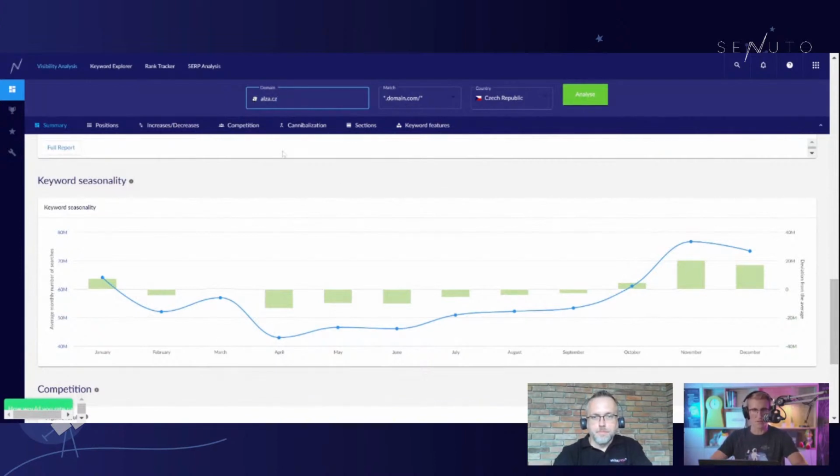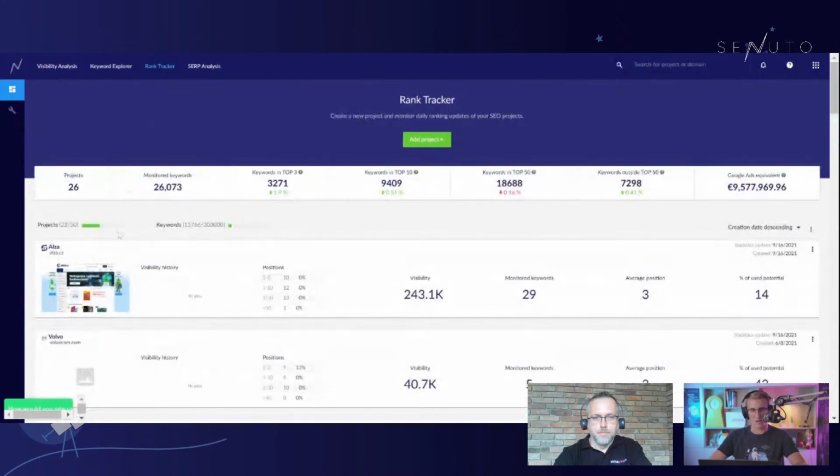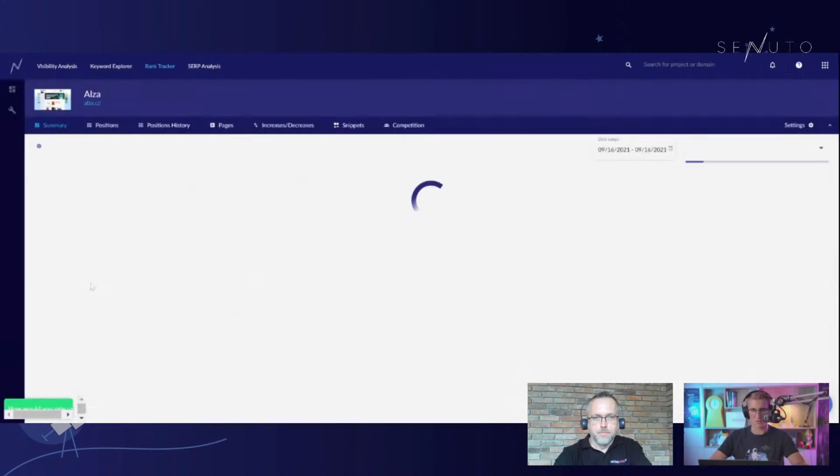But Xray is not only on a daily basis, but also using monitoring. For example, when we would like to follow our agency or our business, there is a functionality called Rank Tracker.